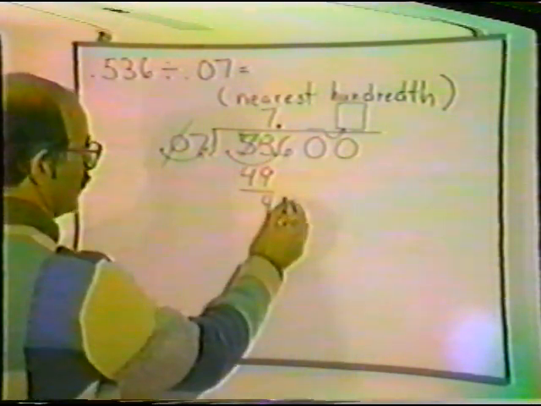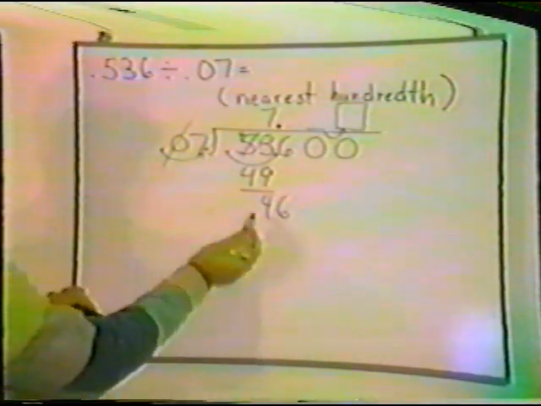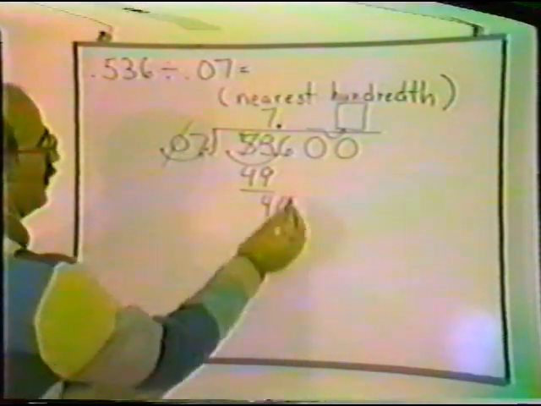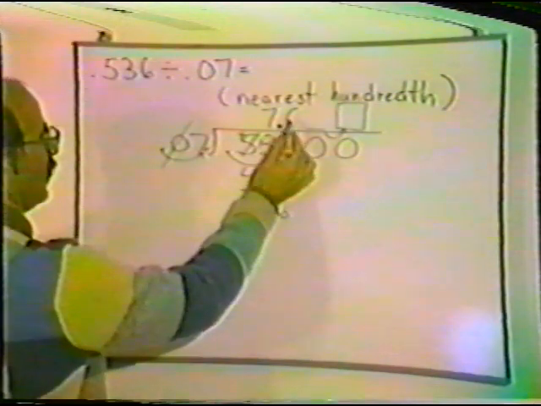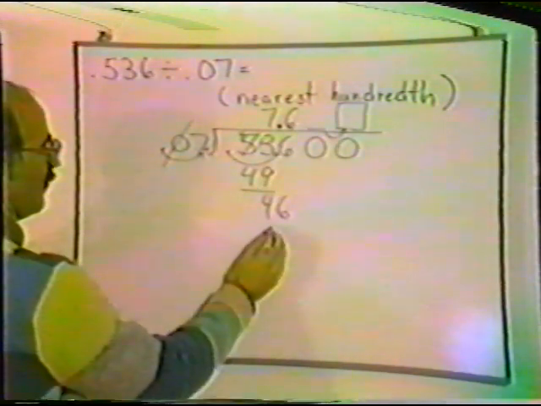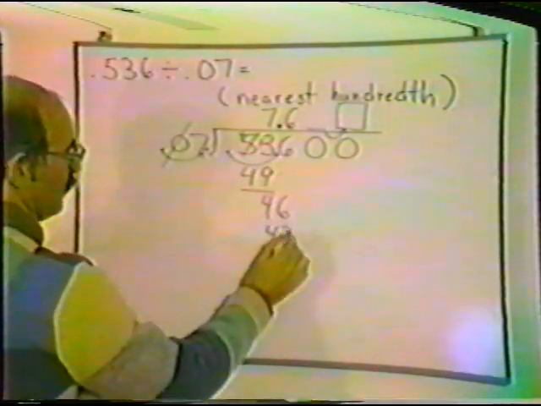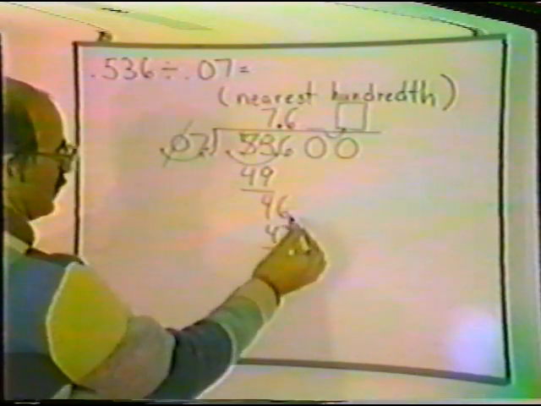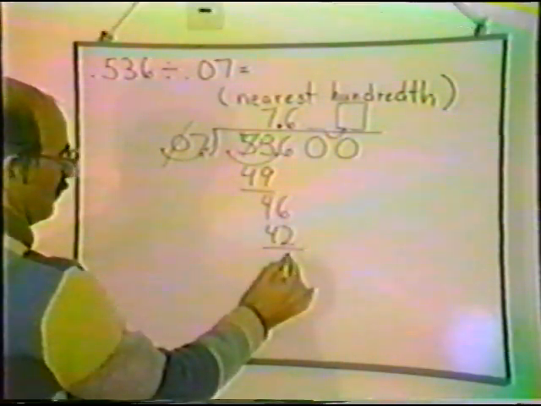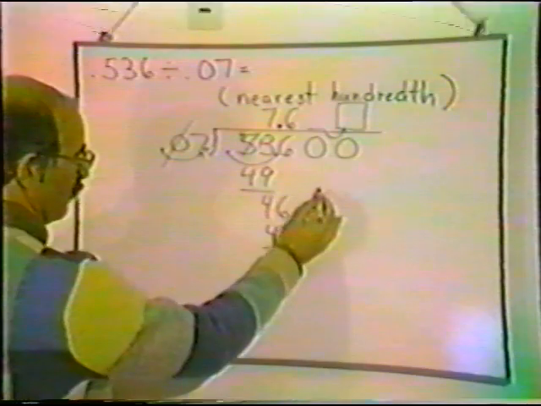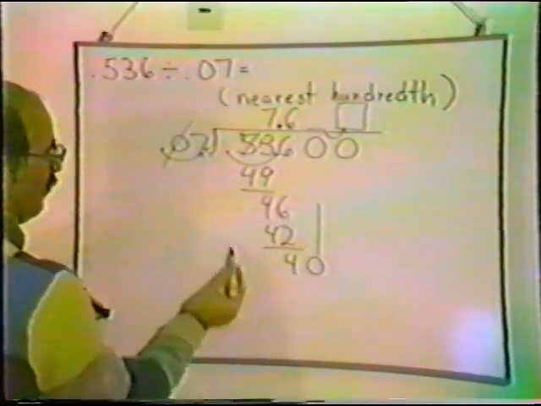Bring down the 6. 7 into 46. 6, because 6 times 7 is 42. Subtract, 6 take away 2, 4, and bring down the 0.